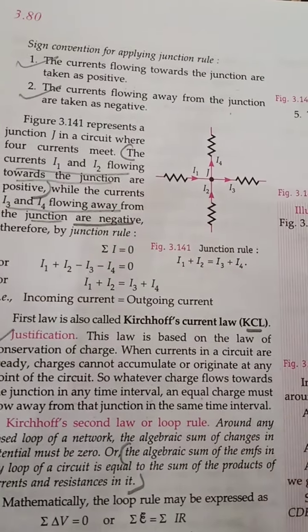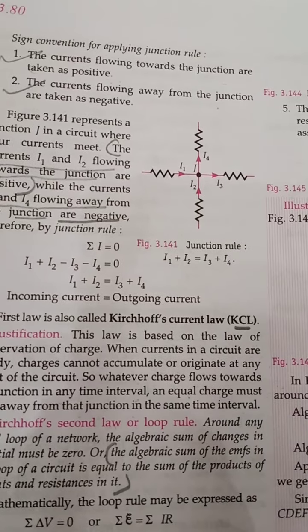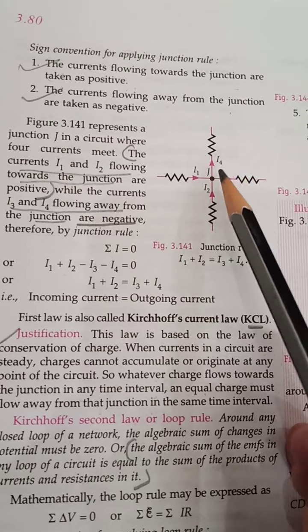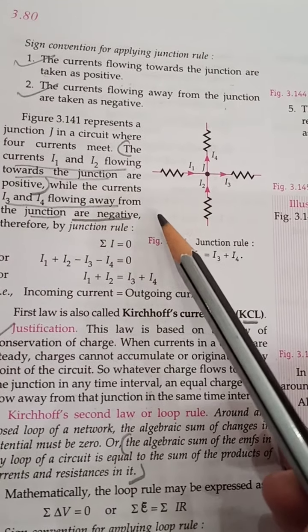Now this figure represents a junction point in this circuit where four currents meet.